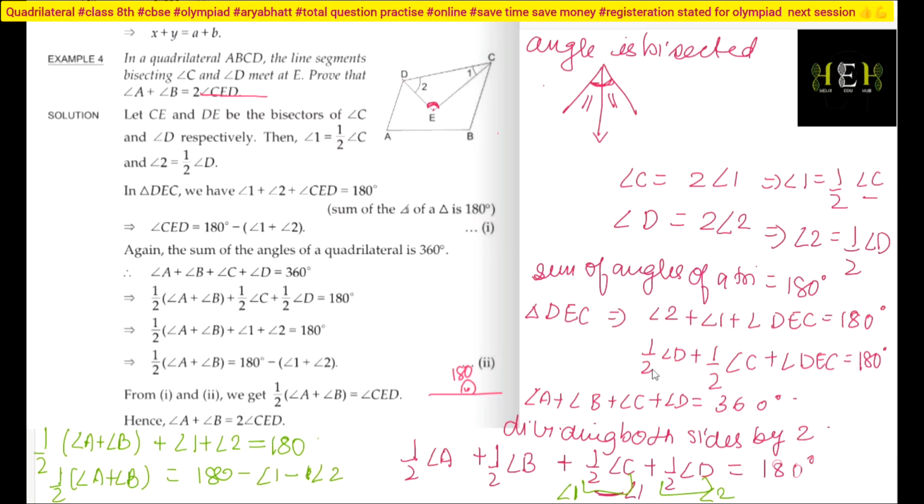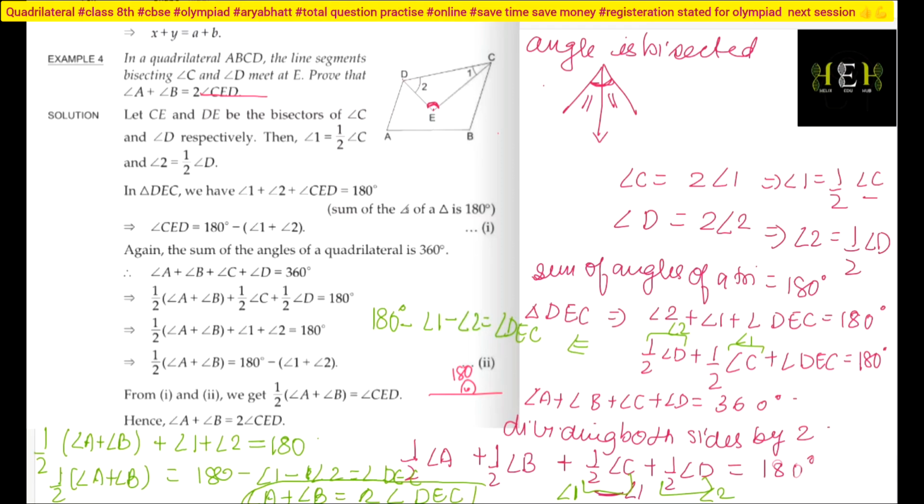Now this line implies that 180 degree minus angle 1 minus angle 2 is equal to angle DEC, right? So I can put this as angle DEC. So finally what do I get? Angle A plus angle B is equal to twice of angle DEC. And this is what I want to prove.